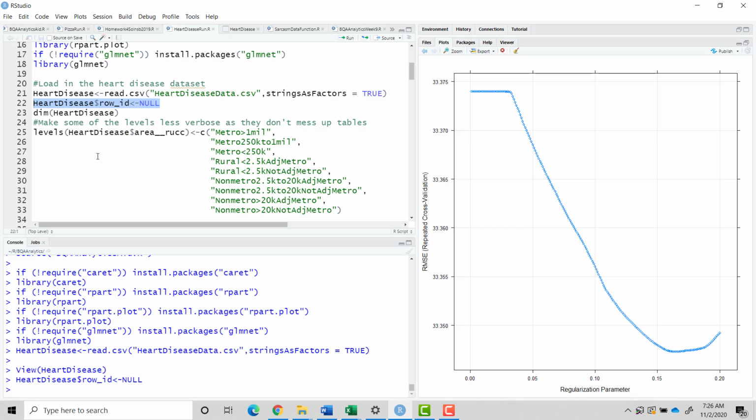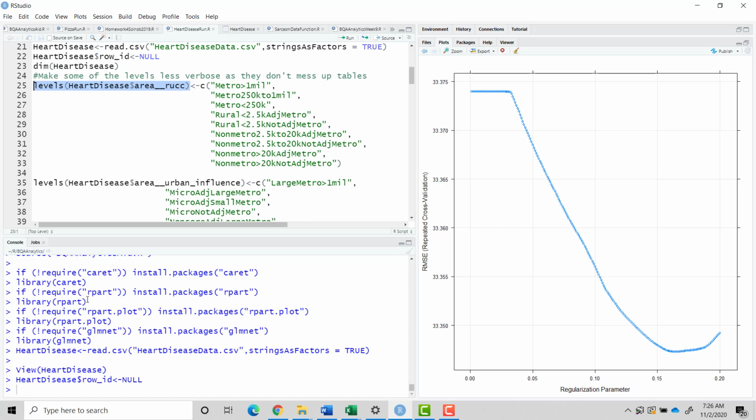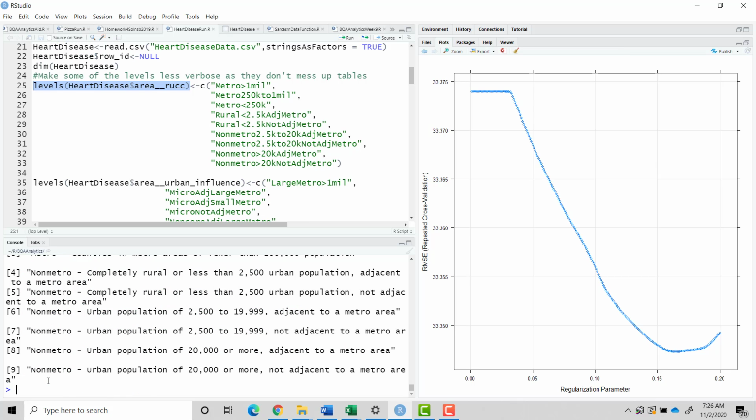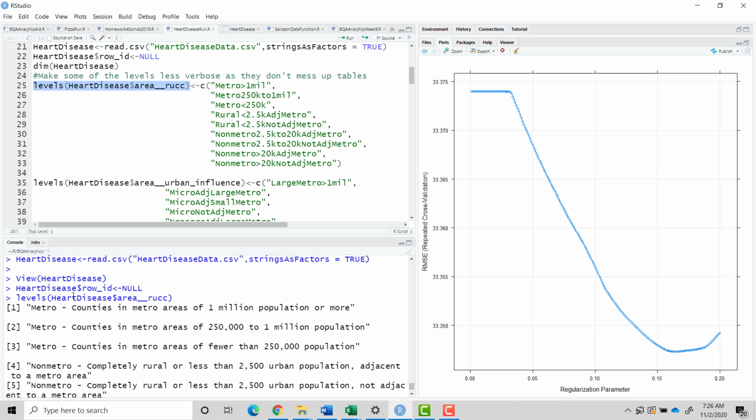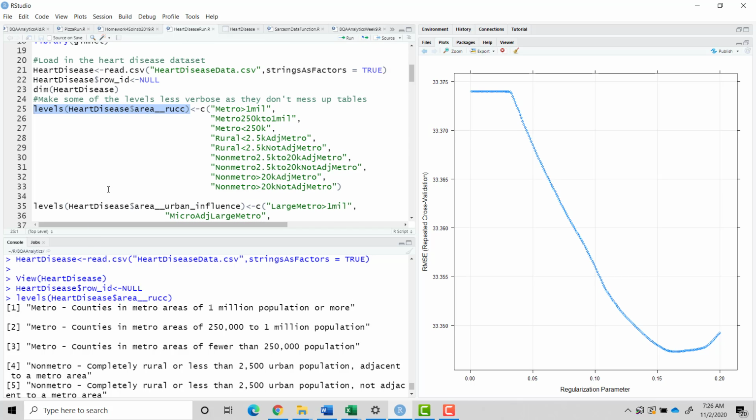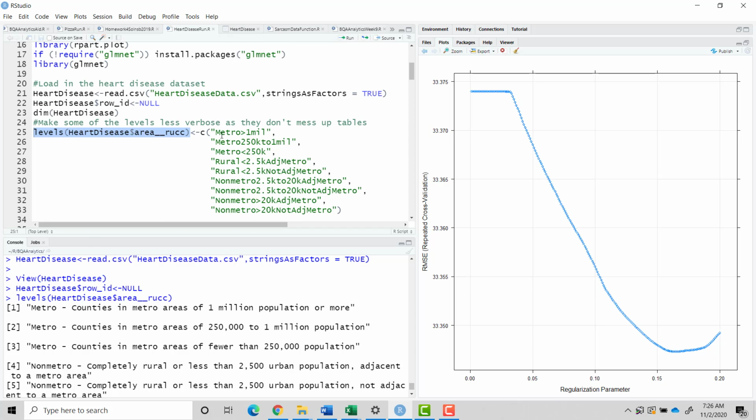Now, when R converts to factors, it automatically creates the levels, and it usually does it by alphabetical order. So what we want to make sure we do is put them in size order here.